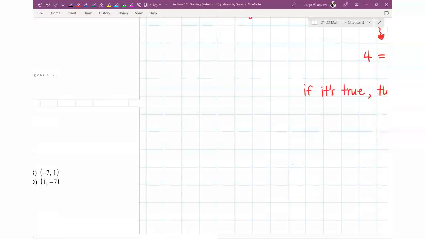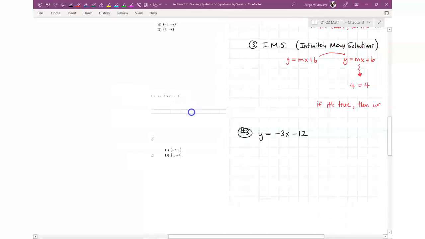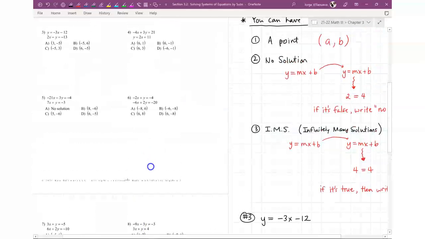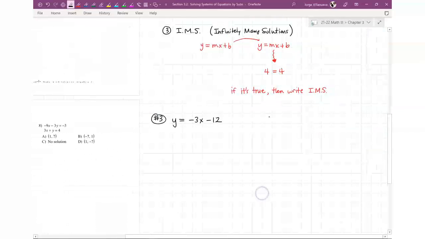Number 3: y equals negative 3x minus 12. Right now I'll write them down and move out of the way here. 2x minus y equals negative 13.